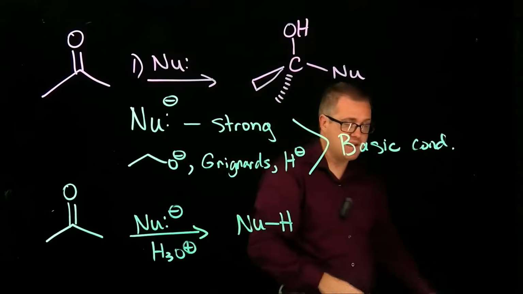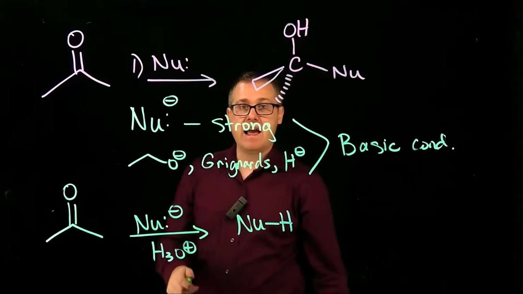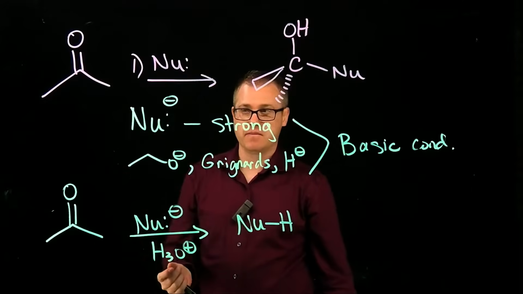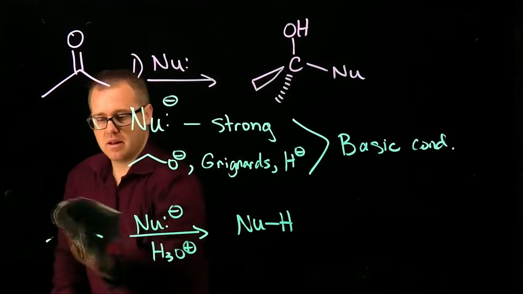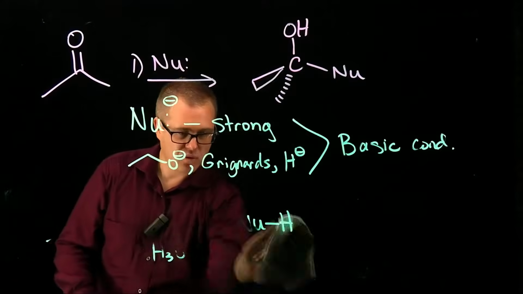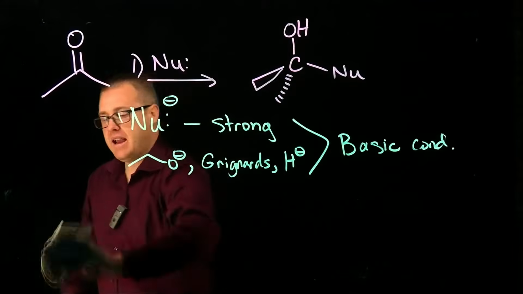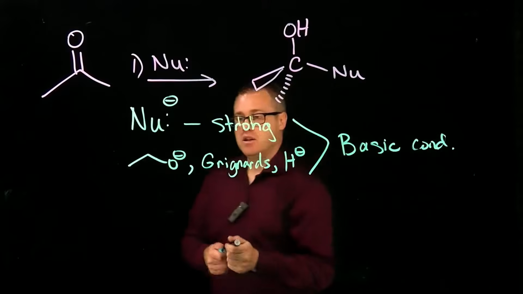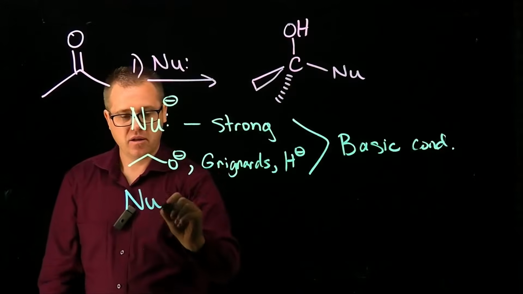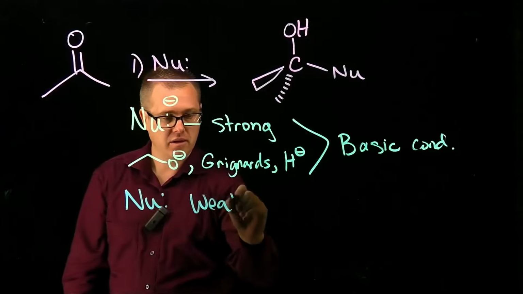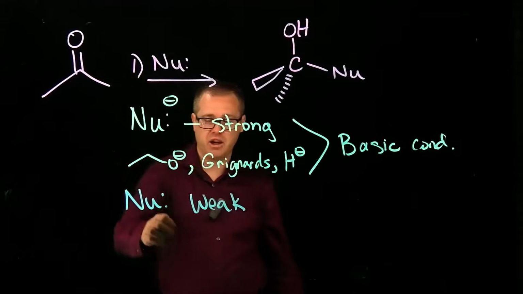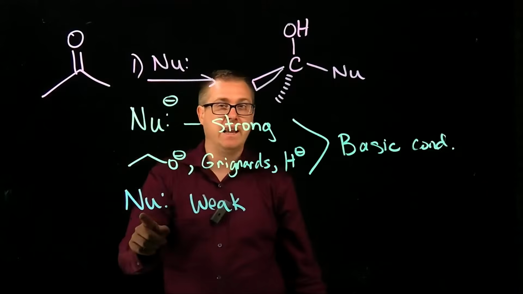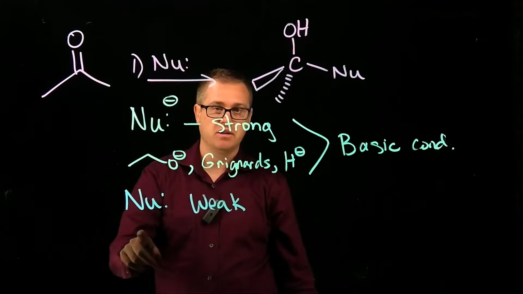Now there's going to be some nucleophiles that are weak. And if the nucleophile is weak, then you don't use basic conditions. Generally you have a weak nucleophile when it's not charged.